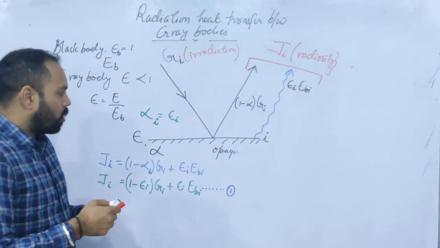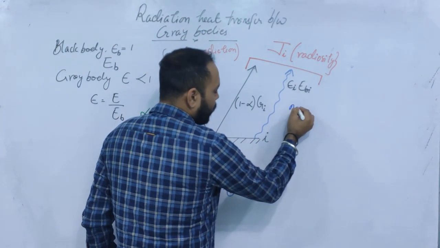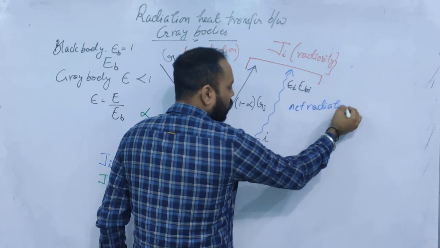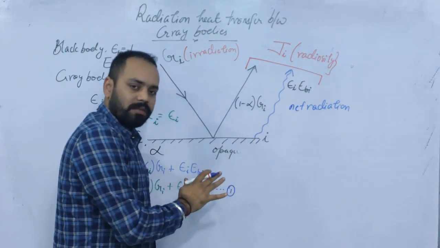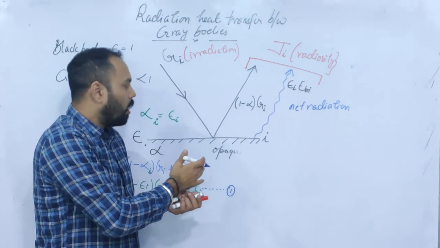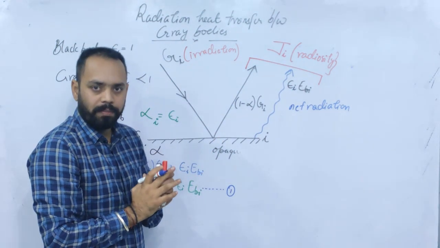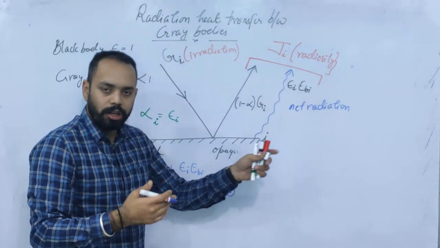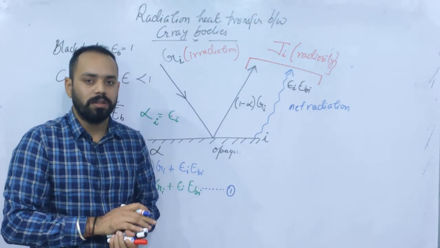Right. Now, the net radiation leaving this surface. What is net radiation? What is coming to it, and what is leaving from it. Fine. So I am already assuming that the leaving radiation is more than the radiation which is falling on the surface.